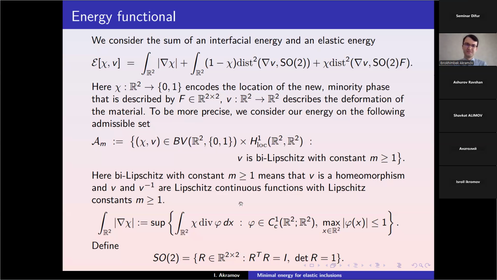Bi-Lipschitz with the constant means that V is a homeomorphism, and V is a Lipschitz continuous function with Lipschitz constant M greater than 1. It cannot be less than one, right?